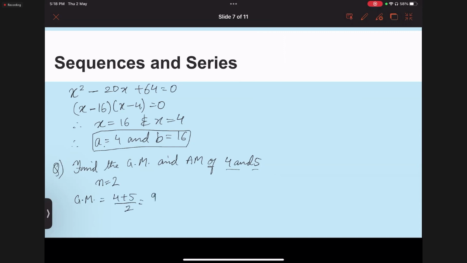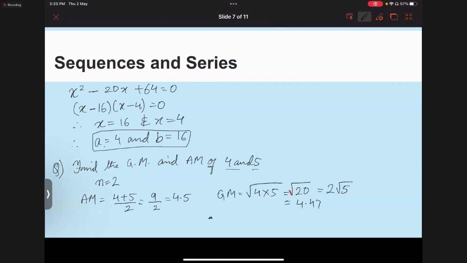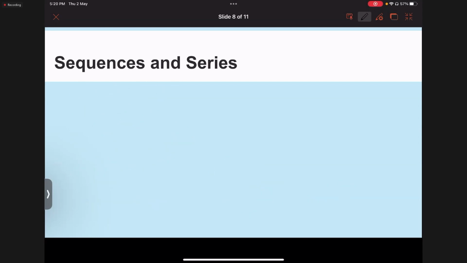So that is 9 by 2, that is 4.5. This is your arithmetic mean. GM is actually less than your AM. So again, it's being reiterated that the values are not equal, and the geometric mean will be less than your arithmetic mean.